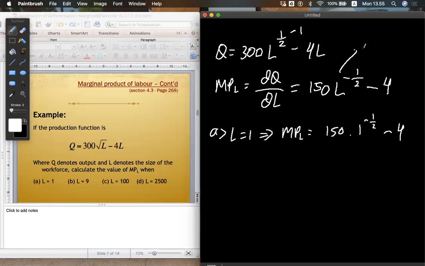We can also write L power minus half as MPL equals 150 divided by square root of L, minus 4.